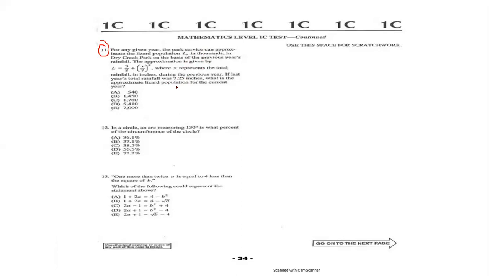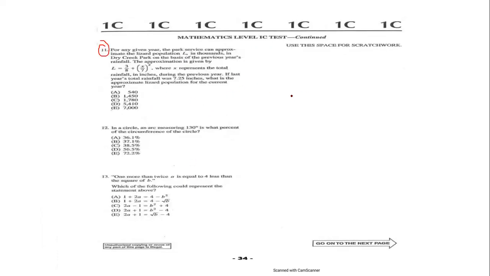If last year's total rainfall was 7.25 inches, what is the approximate lizard population for the current year?